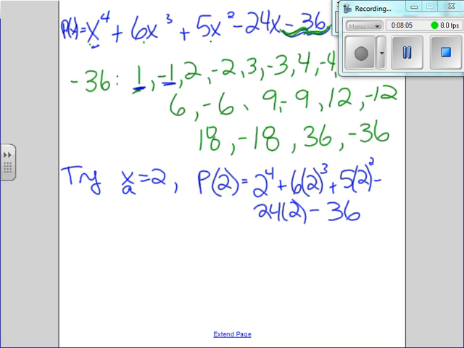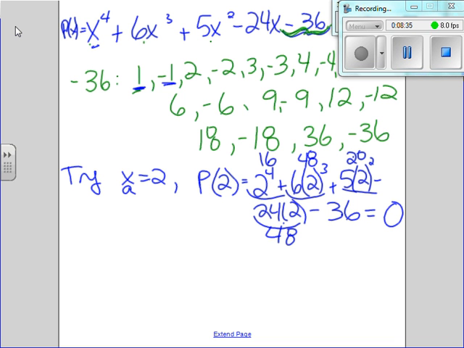If I do this on my calculator and all the dust settles, this will be 16, this will be 48, this will be 20, this will be 48. So you've got 48 minus 48 here. You've got 20 minus 36 here, which is negative 16, plus positive 16. That's going to end up giving you 0.